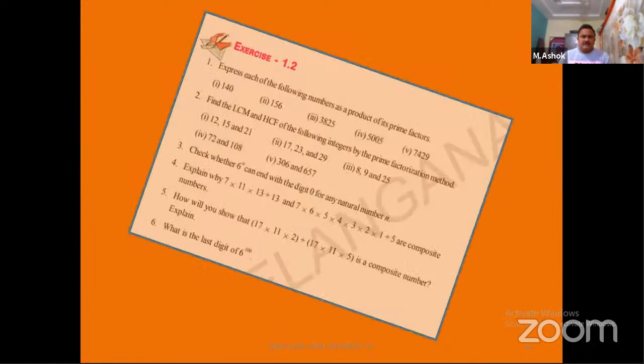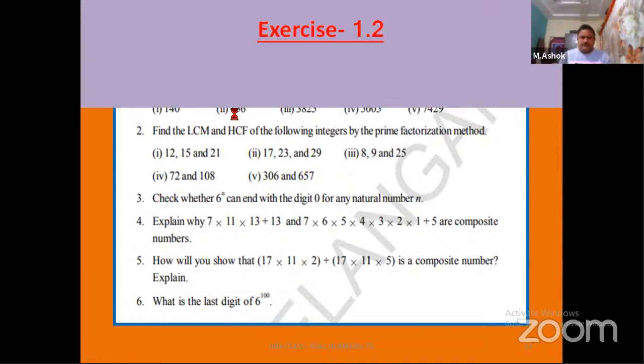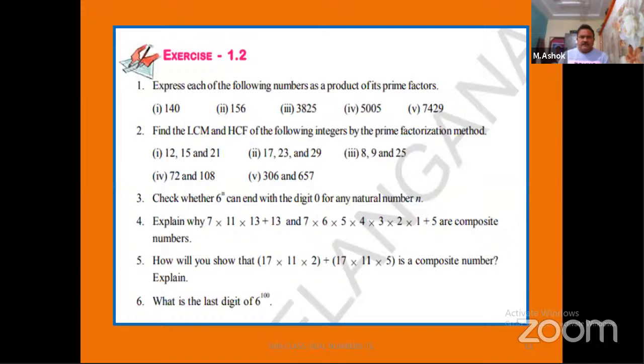Now look at exercise 1.2. Here a few sums are there. We will solve these. Look at the first bit: express each of the following numbers as a product of its prime factors.